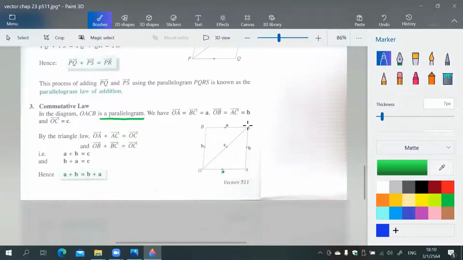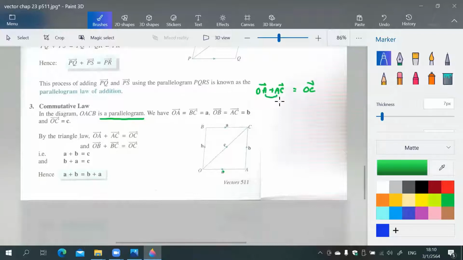We have two triangles here, right? So we consider the bottom one first, the triangle OAC. We use the triangle law of addition, so we have OA plus AC equal to vector OC.